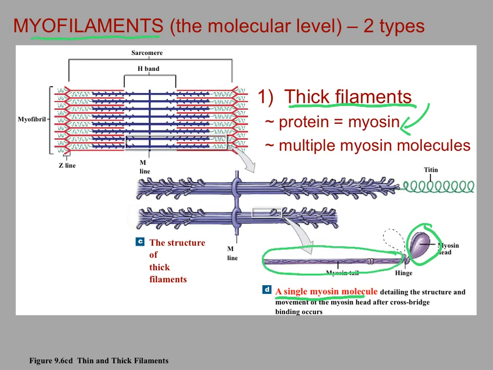And those individual myosin myofilaments come together in these thick collections of many myofilaments. And so you see that there are many myosin myofilaments here, right? So this is one of the reasons why we call them thick filaments, because they're thicker than the next filament we're going to look at, the next protein we're going to look at.